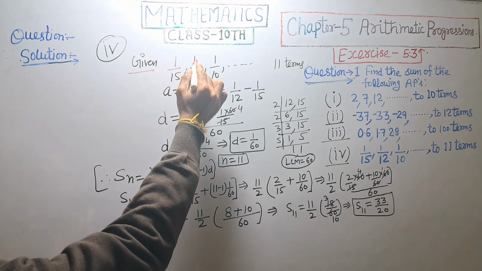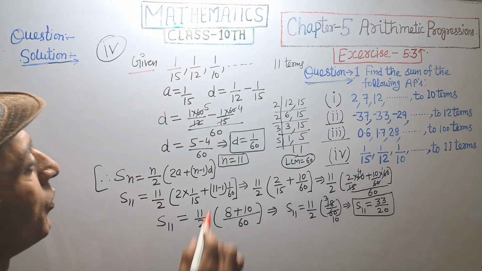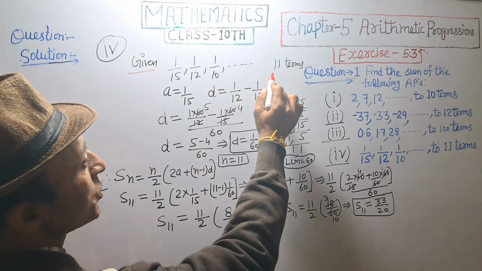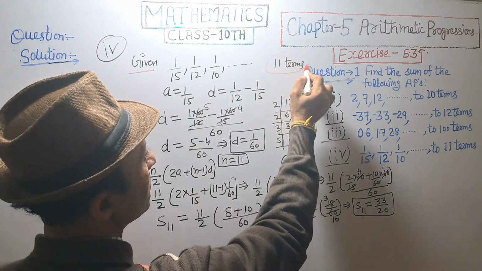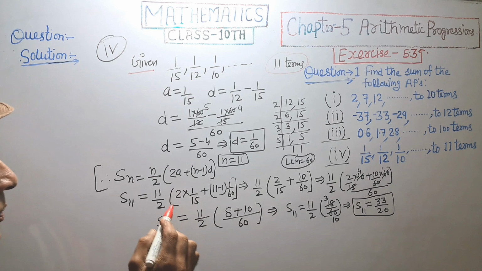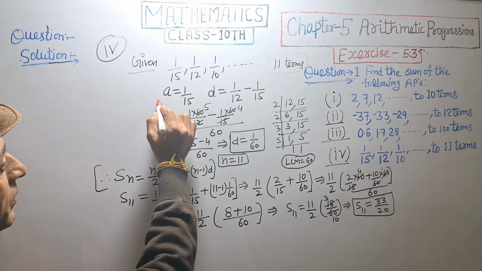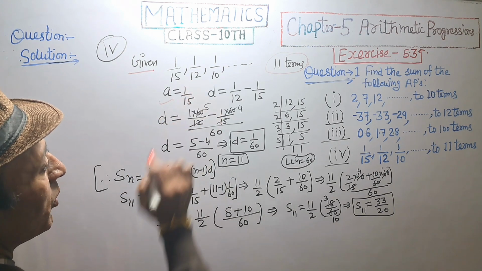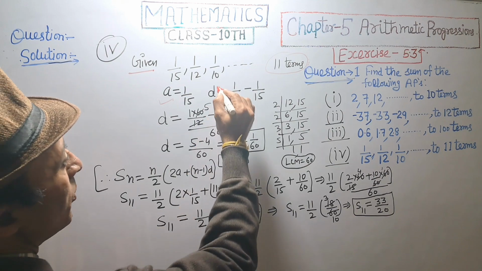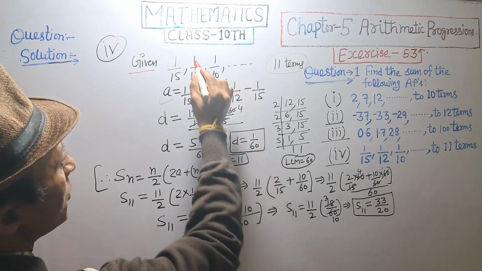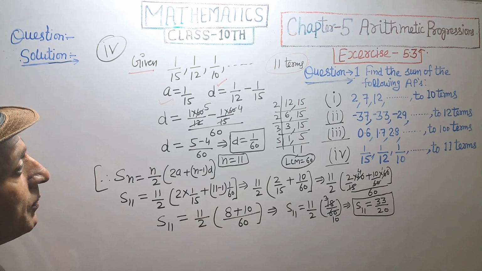Given AP 1 upon 15, 1 upon 12, 1 upon 10 and so on, 11 terms. A is the first term, that is 1 upon 15, and common difference is equal to the second term minus the first term.